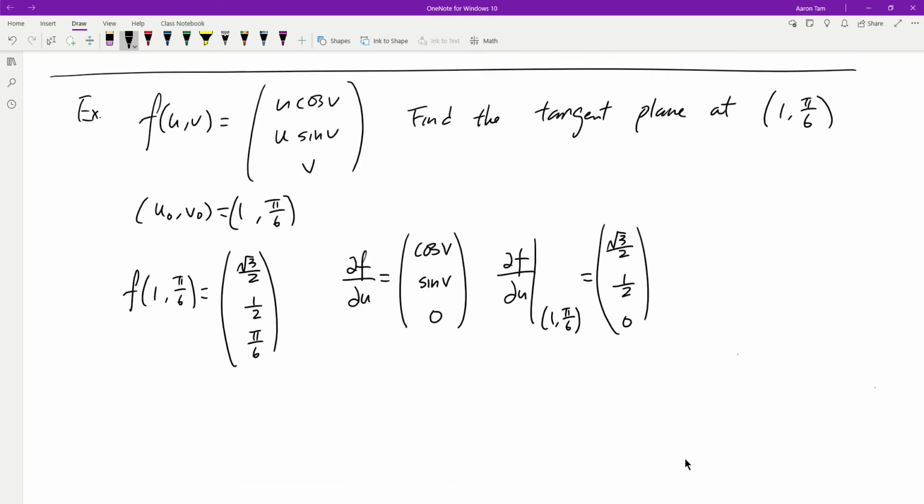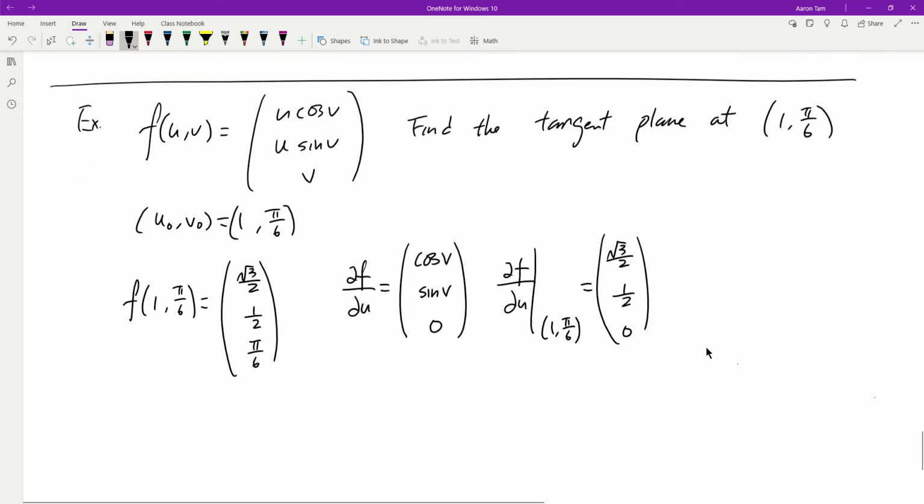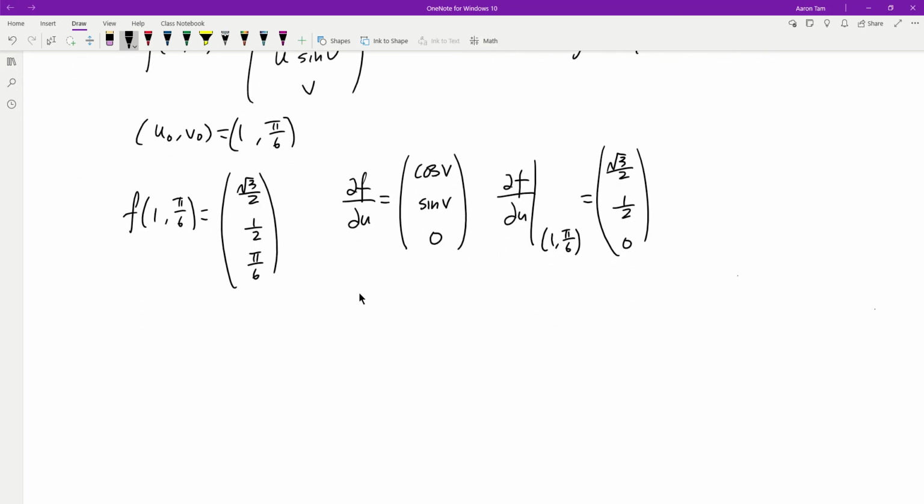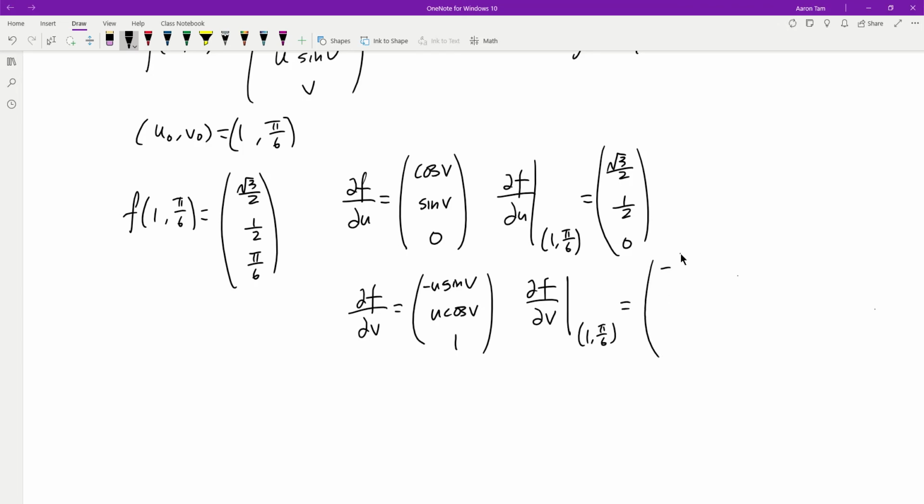Then the next thing I need would be df over dv. We also did that before, which would be negative u sine v, u cosine v, 1. Therefore df over dv evaluated at (1, pi over 6) would equal negative 1/2, root 3 over 2, 1.